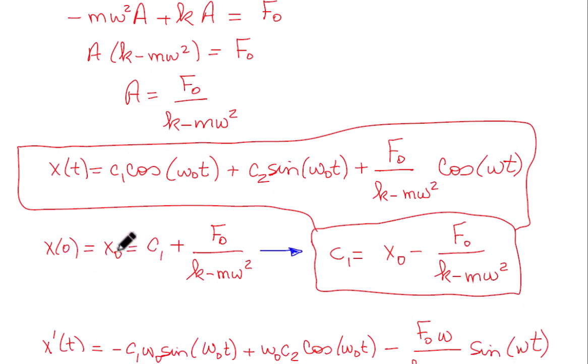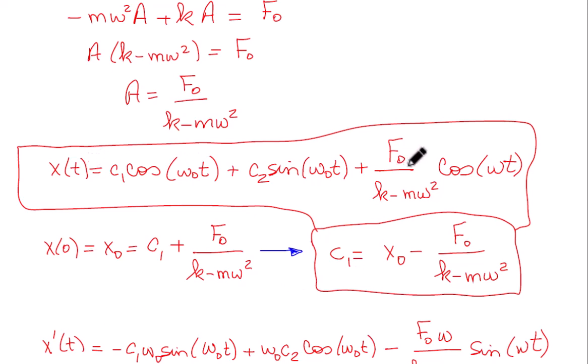All right, so what happens? So at x0, this part gives me a C1. Sine part is 0, and this part at 0, I just get that coefficient. And so I can solve for what C1 is.